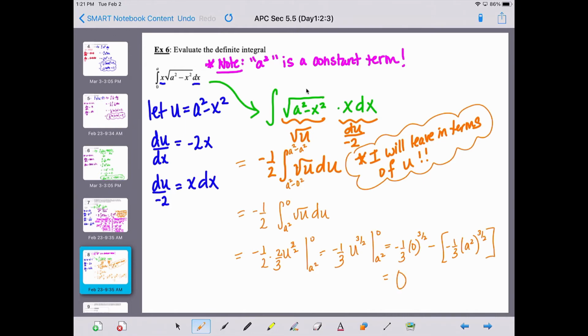And then I'm going to have minus a negative, which is going to make a positive here. And then a squared to the 3/2 power, well, power to a power we multiply, 2 times 3/2 is just going to give me 3. So I end up with an answer of positive 1/3 a cubed. And that is the answer to my definite integral.